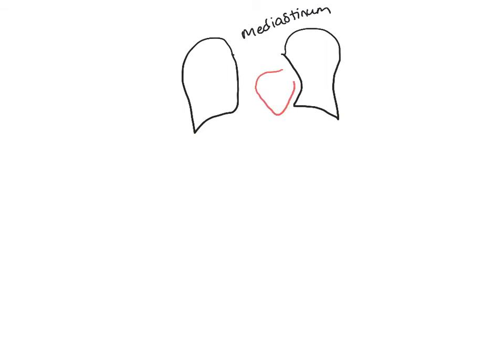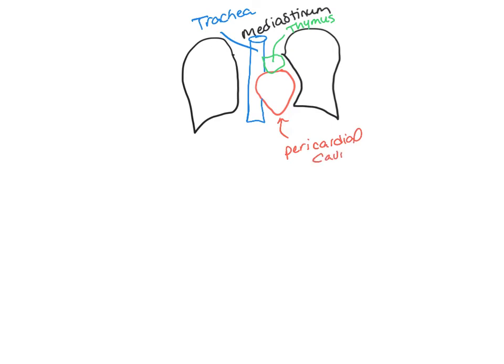thymus. So in this thoracic cavity, when we're looking at the heart and the 2 lungs, each of those organs are in their own cavities within the thoracic cavity. So the heart is going to be in a cavity that we call the pericardial cavity, and each lung will be in a cavity that we call the pleural cavity.